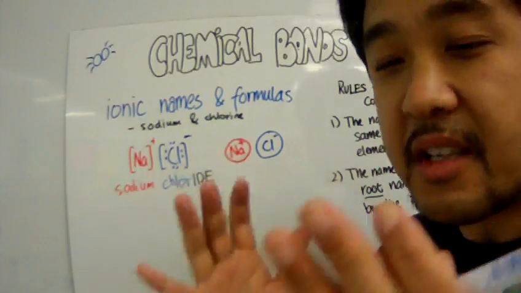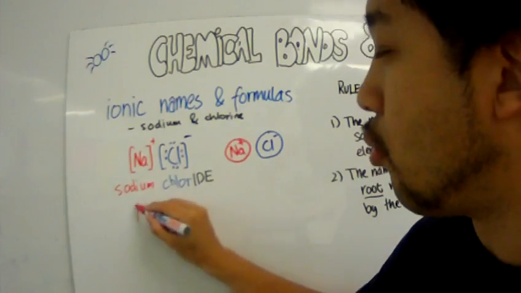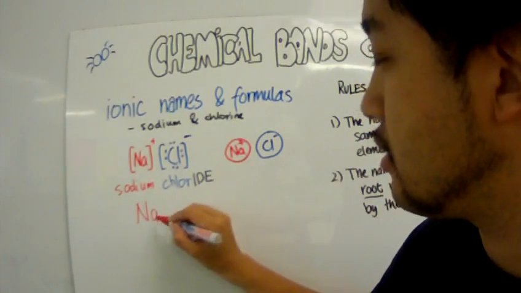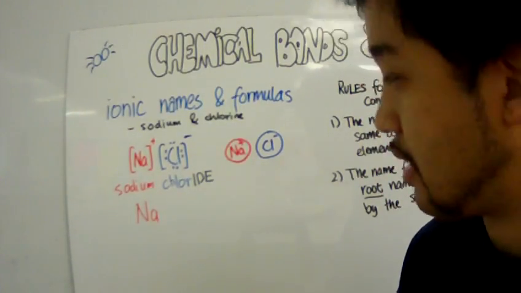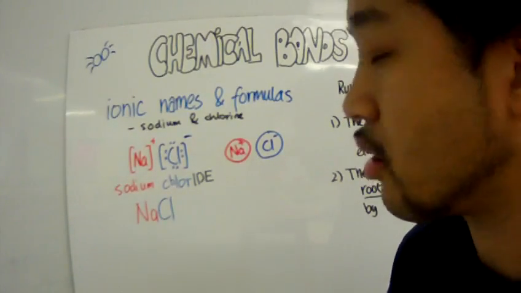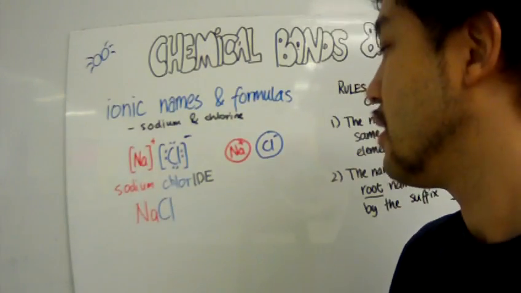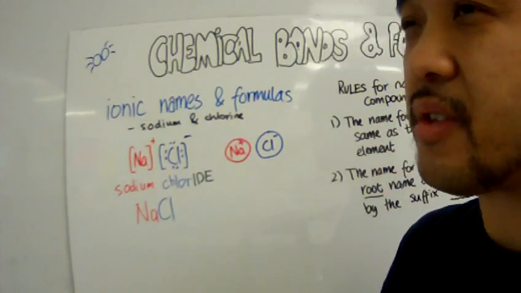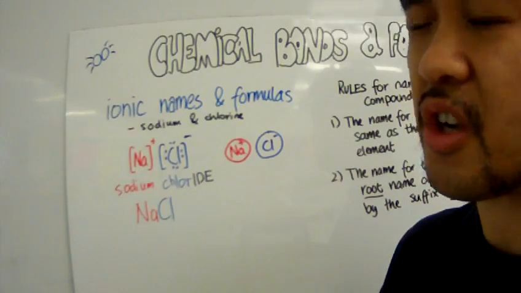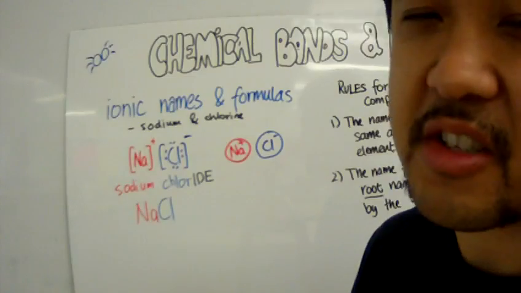So in that sense, you will have 1 sodium and 1 chloride, and that's the formula. Okay? Now, you really don't need to apply the shortcut techniques for these methods because this is relatively simple.